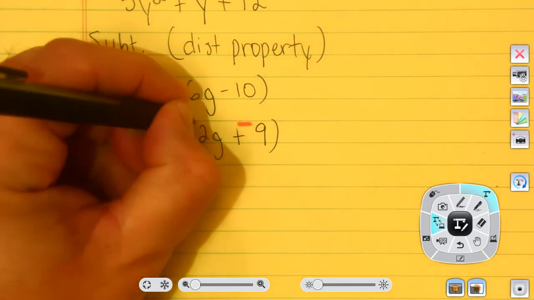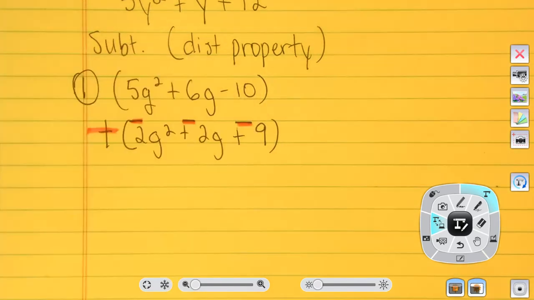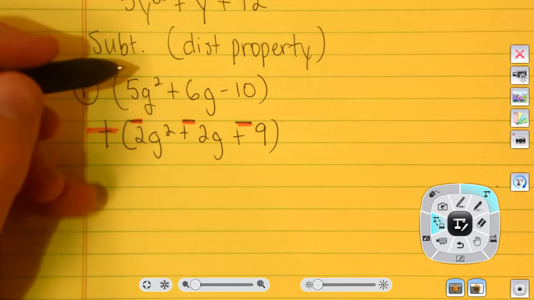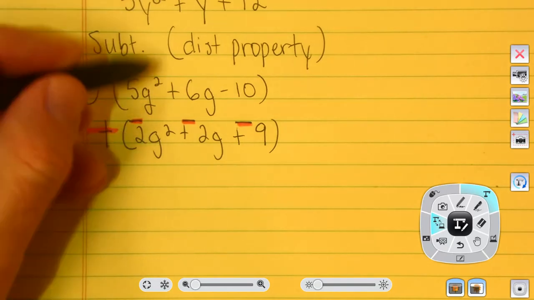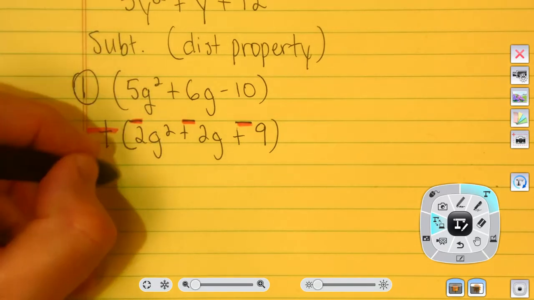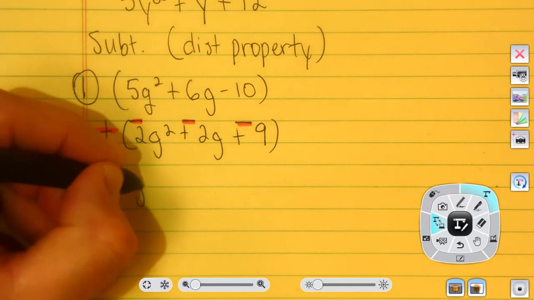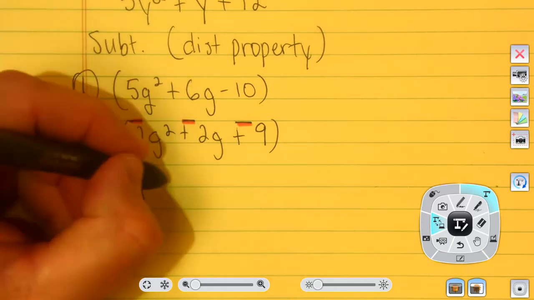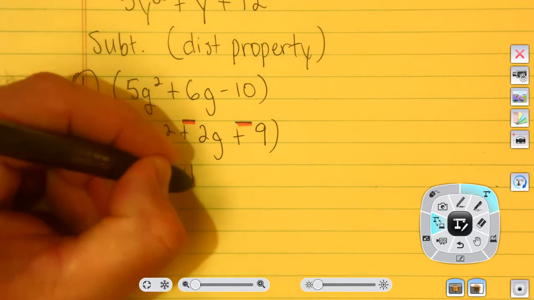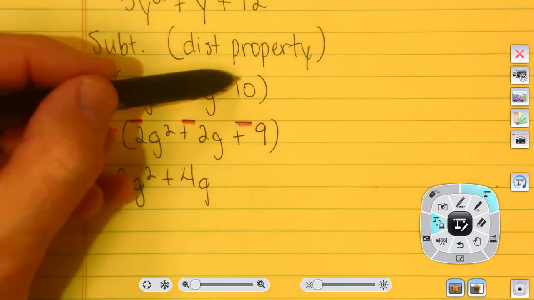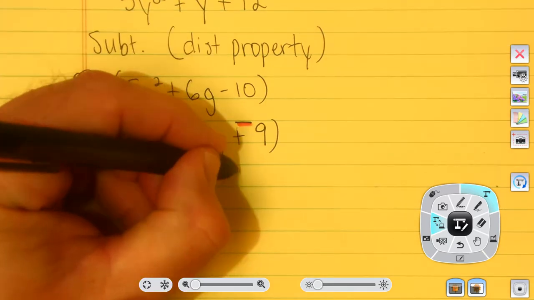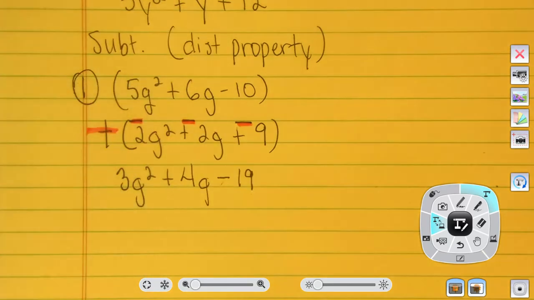And these are opposites. So now it's 5g squared minus 2g squared, because those are like terms, so I'll get 3g squared. And 6g minus 2g, which is 4g. And a negative 10 and a negative 9, which is negative 19.